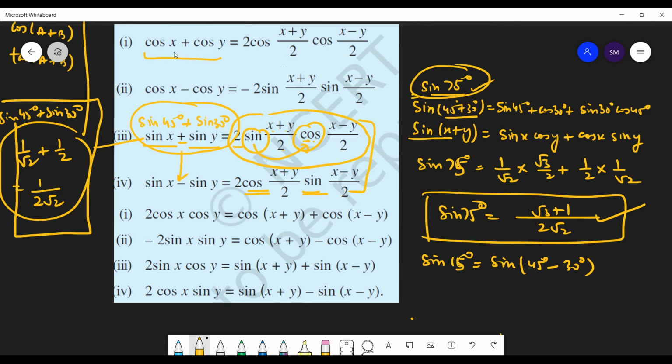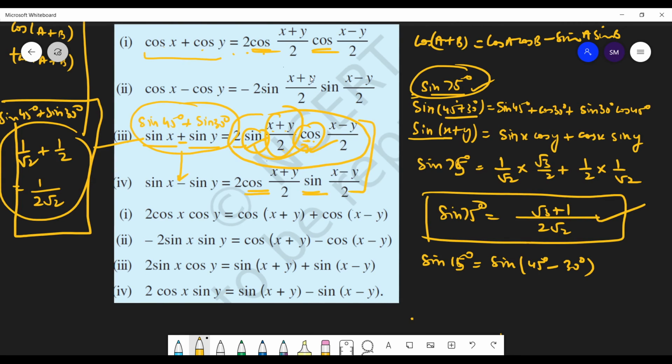Now for cos, like in the formulas of cos, cos A plus B is equal to cos A cos B minus sin A sin B. Same is the case here. Like you have here the terms of sine and cos, but here you have the terms of both cos. So cos x plus y, twice of cos x plus y by 2 into cos x minus y by 2.